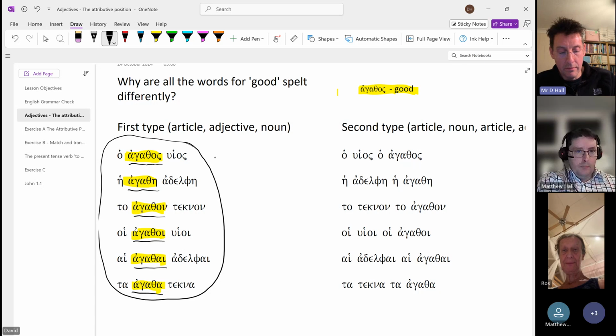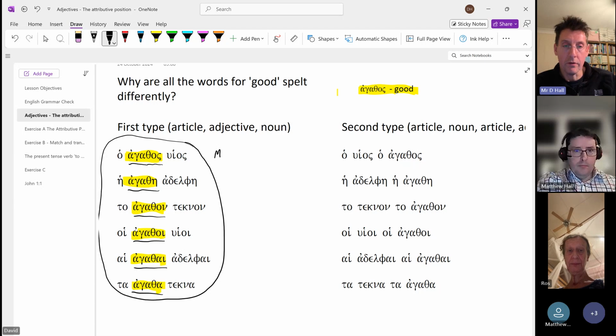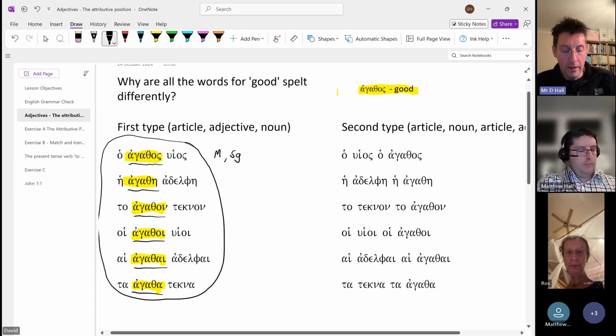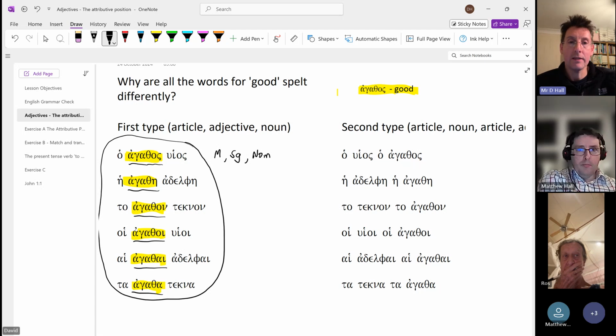This is a masculine noun, which you can see from the article as well, and you end up learning these things. So it's masculine, it's singular, and it's in the nominative case. Therefore, I need to write the word good in Greek in exactly the same form.